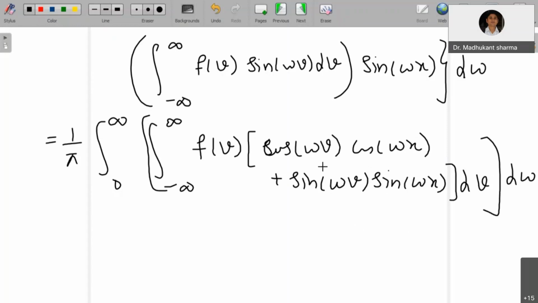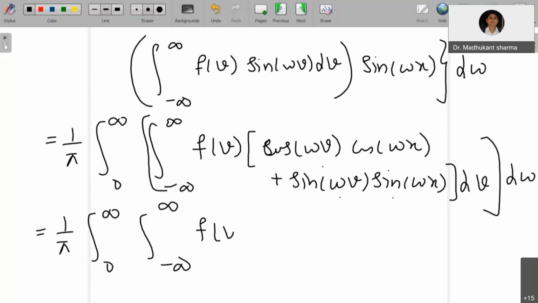Now we use cos A cos B plus sine A sine B equals cos of A minus B. So that is going to be 1 upon pi integration 0 to infinity, integration minus infinity to infinity f of v times cos of wv minus wx, dv dw.